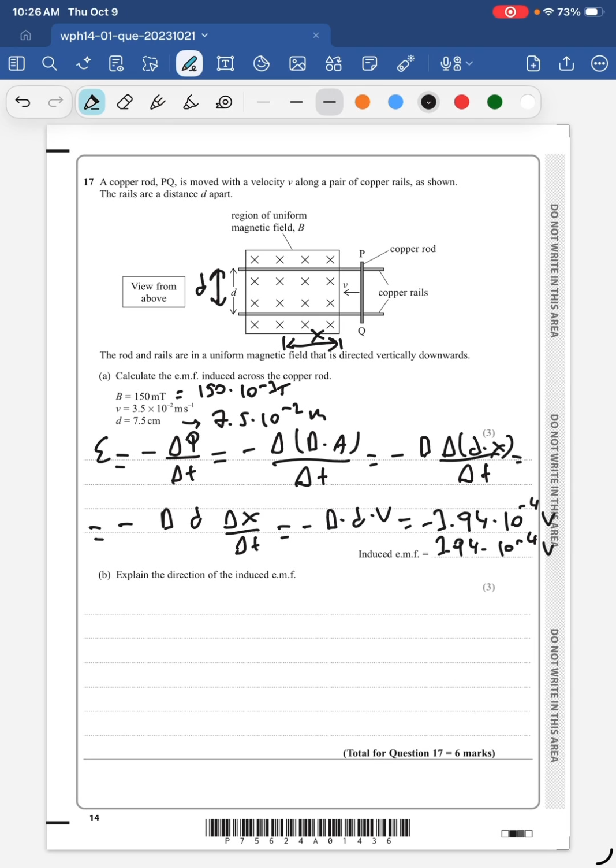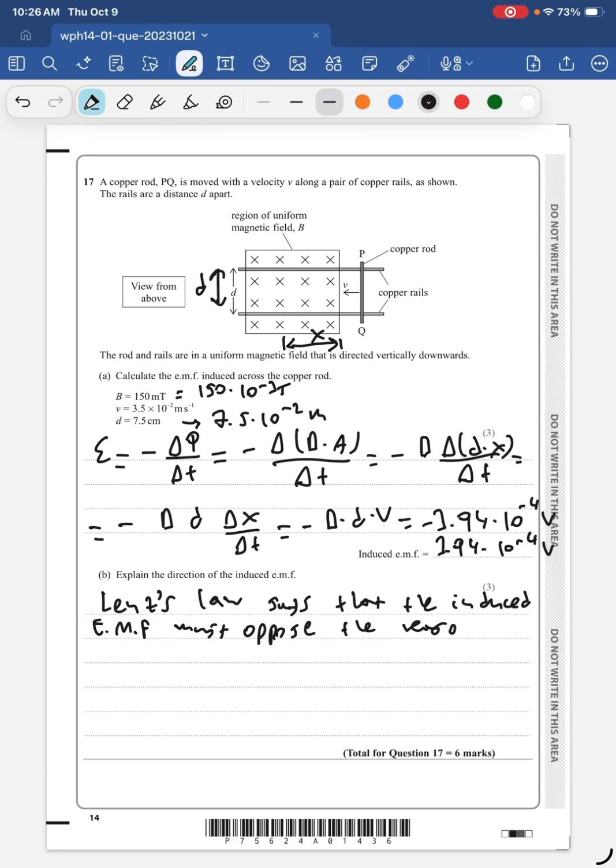All right, so Lenz's law says that the induced EMF must oppose the reason that created it. I'm sorry for my bad handwriting.